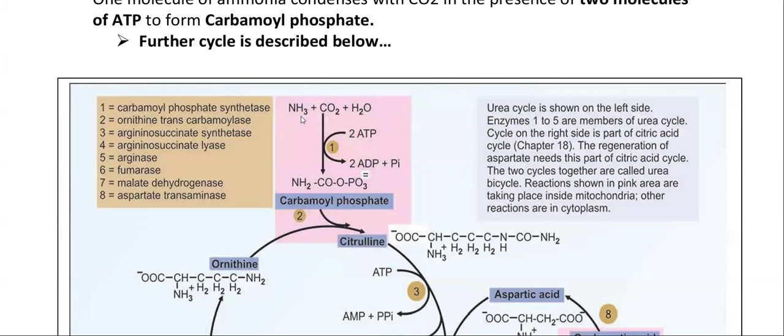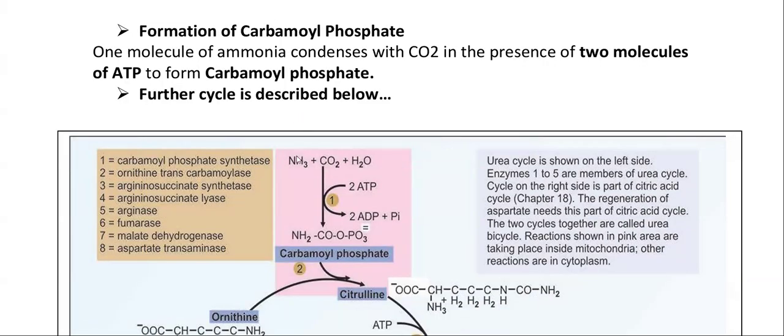So one molecule of ammonia condenses with carbon dioxide in the presence of two molecules of ATP to form carbonyl phosphate, NH2COOPO3, in the presence of an enzyme called carbonyl phosphate synthetase. Number one, carbonyl phosphate synthesis.